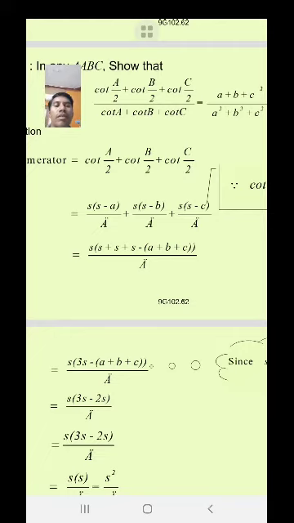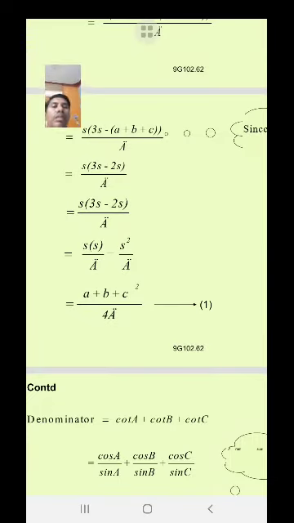Then S of (3S − (A + B + C)) by Δ. A + B + C means 2S. So 3S − 2S by Δ, that is S into S by Δ, which equals S²/Δ.